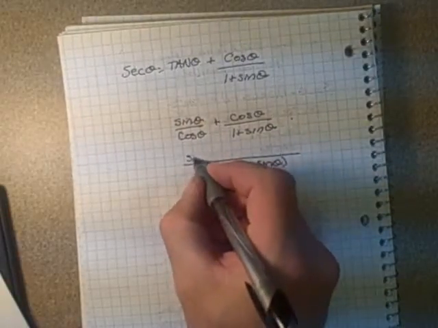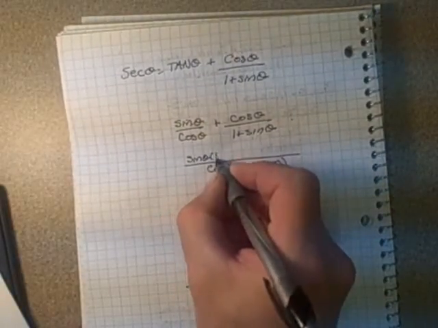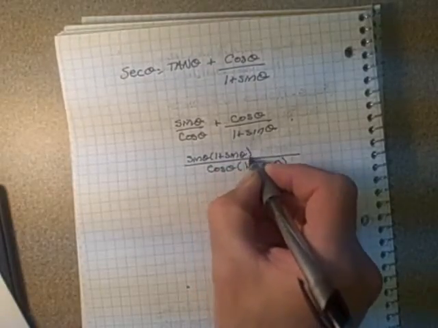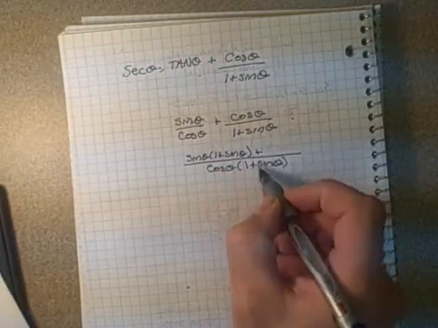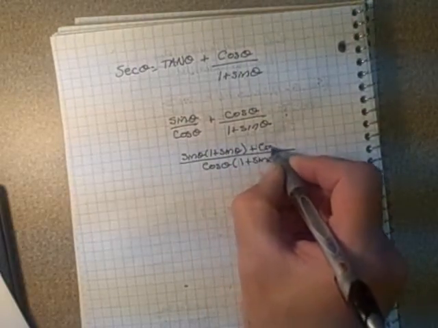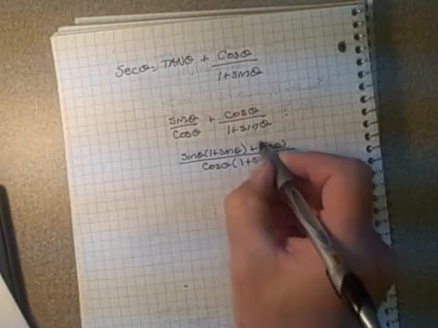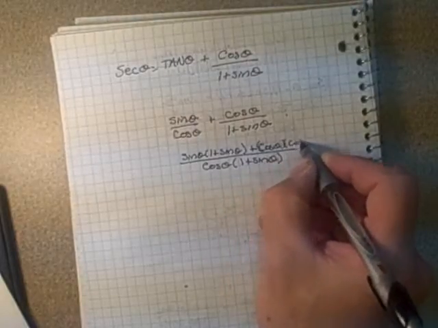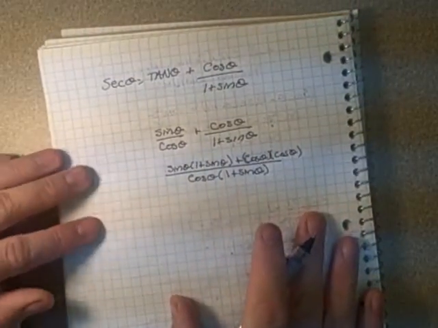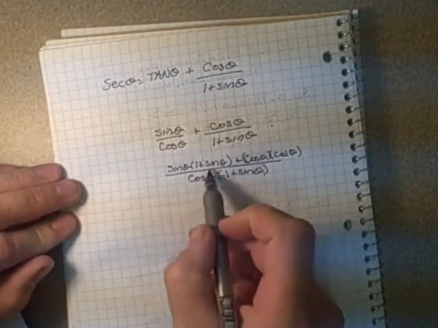So take sine theta and multiply it by the missing 1 plus sine theta. Then the plus sign. This one has the 1 plus sine theta, but it doesn't have the cos. So take the cosine theta and multiply it by another cosine theta.